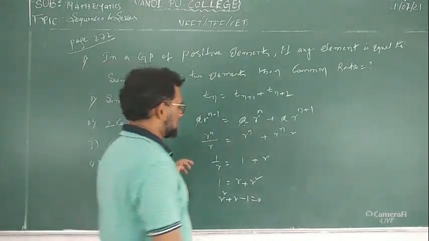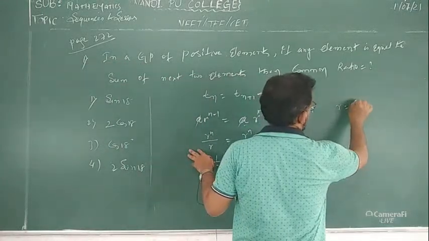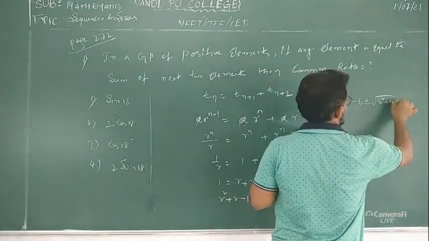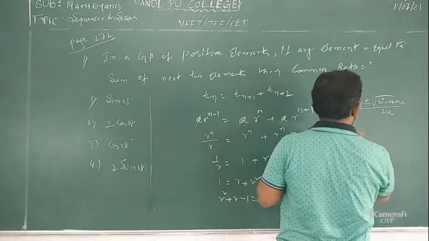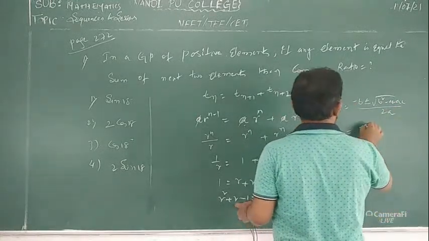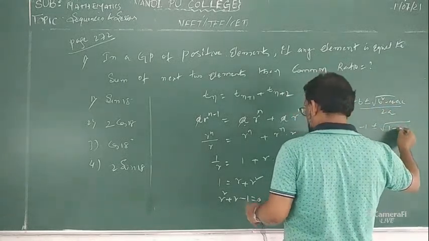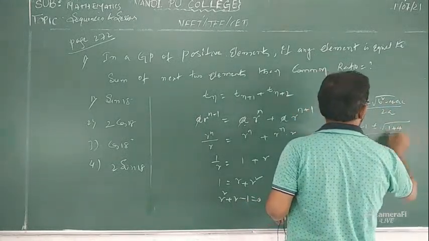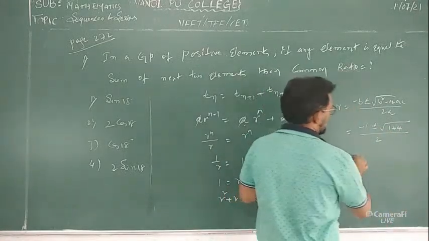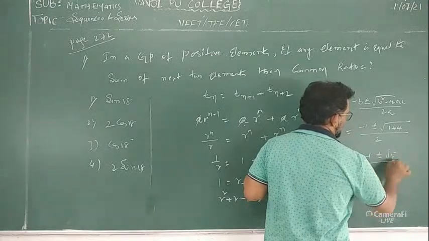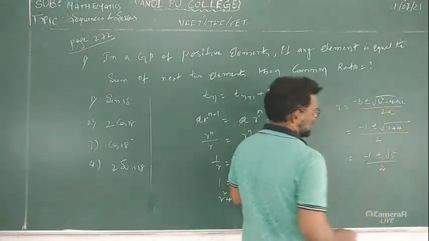So it is a quadratic equation. If you solve it by applying minus b plus or minus root of b square minus 4ac by 2a, that is minus 1 plus or minus root of 1 plus 4 by 2, that is minus 1 plus or minus root 5 by 2.